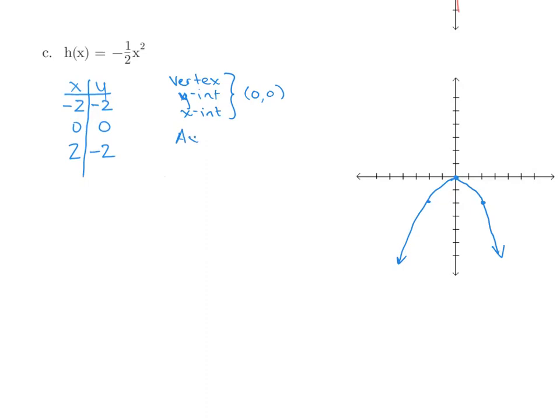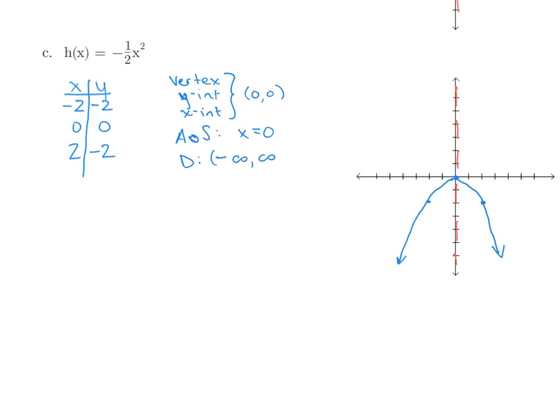We have an axis of symmetry is x equals 0. This is still a quadratic or a polynomial function.